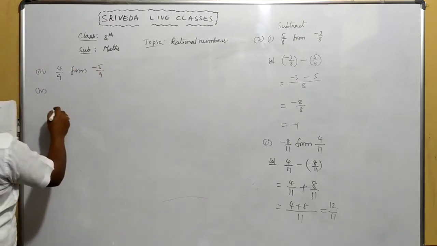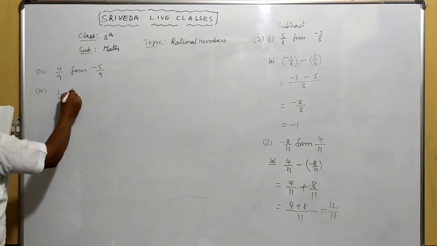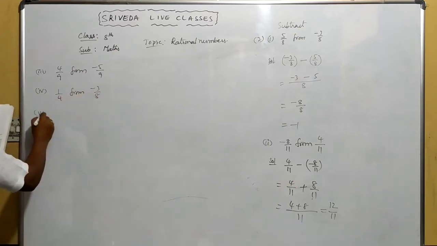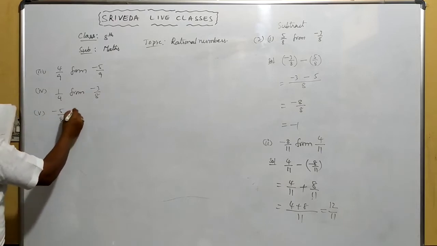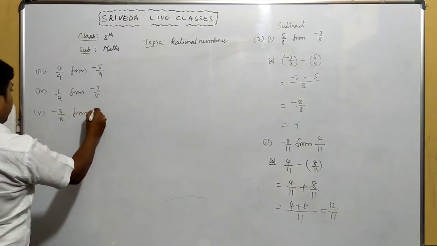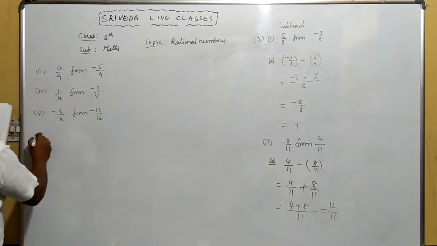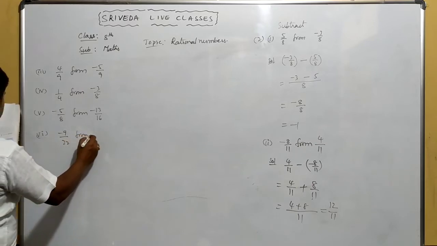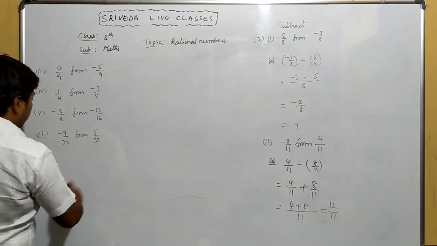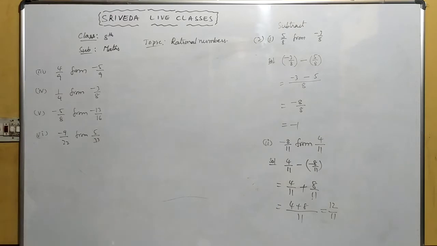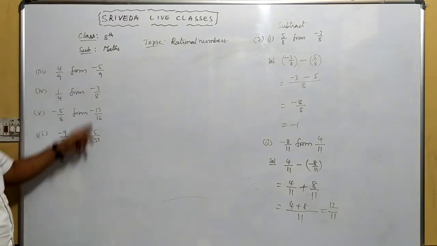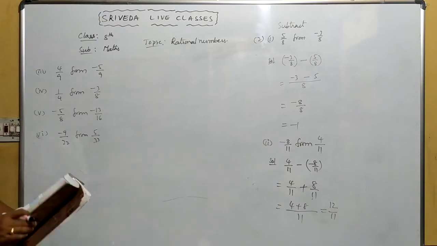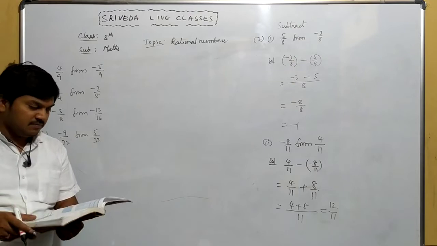Fourth one, 1 by 4 from minus 3 by 8. Fifth one, minus 5 by 8 from minus 13 by 16. Sixth one, minus 9 by 22 from 5 by 33. All these 4 problems, you can do as homework. Then we'll go through the next problem.